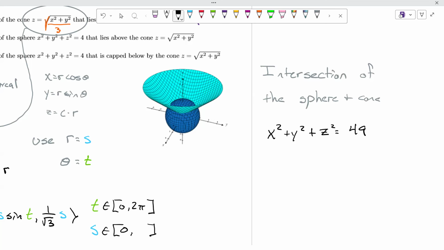But at this point, I can just plug in everything I know for x, y, and z. Here I will use that substitution. X squared plus y squared is equal to s squared, or r squared if you were feeling fancy, plus z squared is going to be s squared divided by 3. And that's still equal to 49.